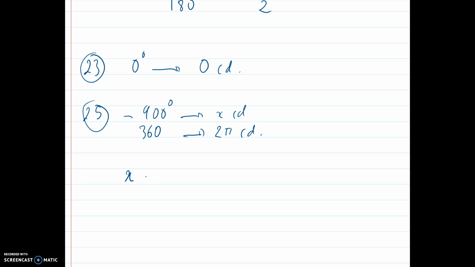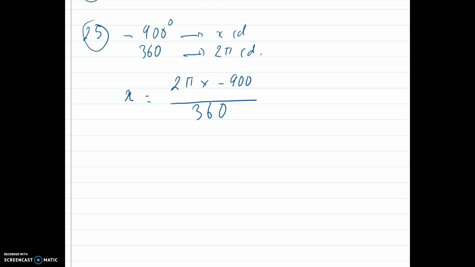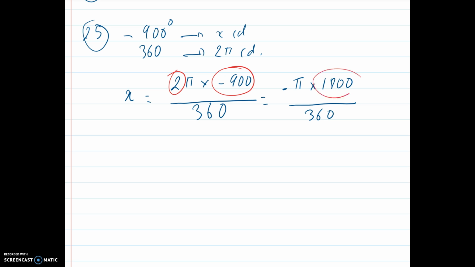So therefore we end up having x equal 2 pi multiplied by negative 900 divided by 360. That gives us a minus pi multiplied by 1800 divided by 360. The only thing I did is multiply 2 by 900, and therefore I got 1800. At the end of the day, x equals minus 5 pi.